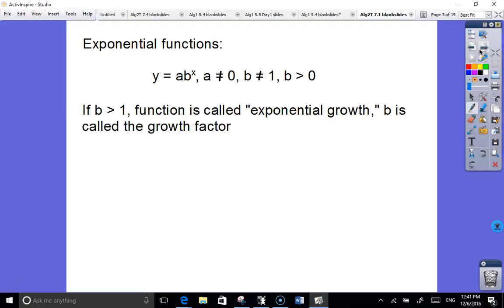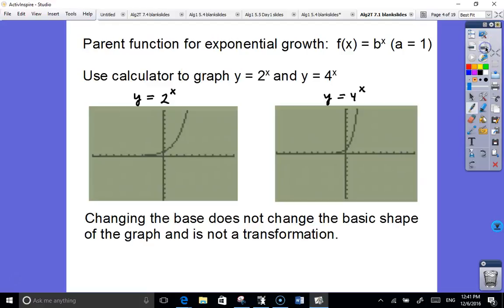Okay. So the parent function for exponential growth is f of x, or y, equals b to the x. b is the base, right? b to the x, which means a is 1. If we use the format that I had in the last slide, just assume that the a is 1.